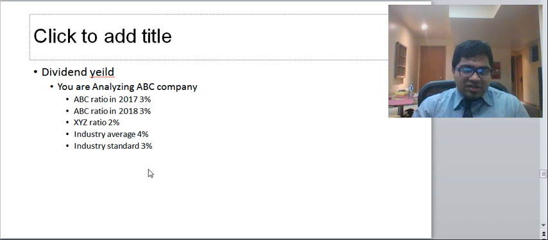In 2017 it was 3%, in 2018 it is 3%. So it is maintaining a stable dividend yield ratio, and as compared to its competitor it is better, but the industry average is higher. So others in the industry are paying more dividends, and the industry standard is almost the same.